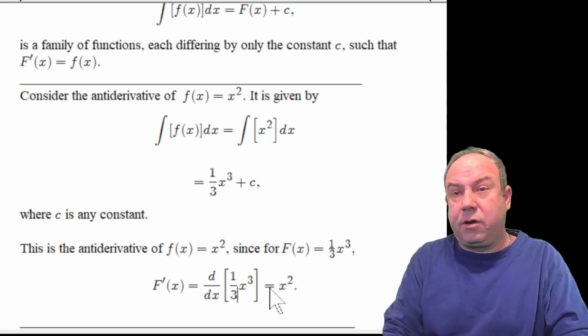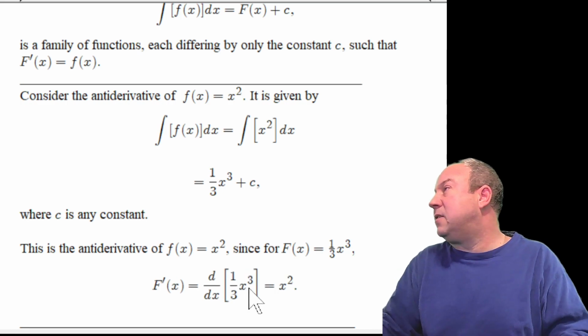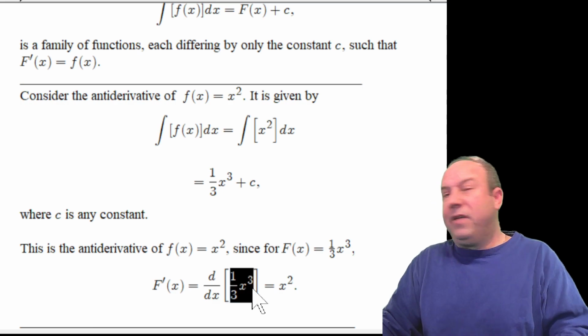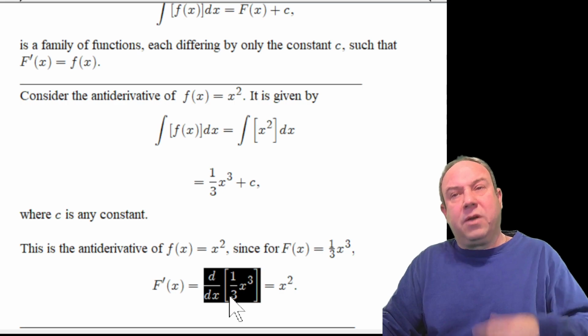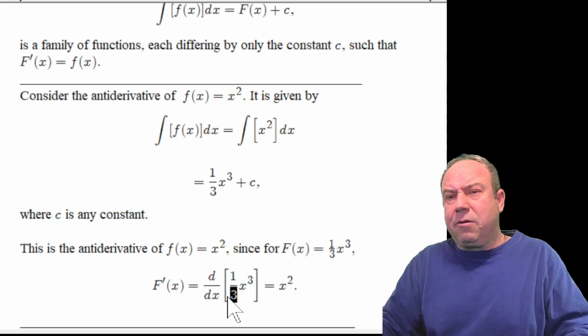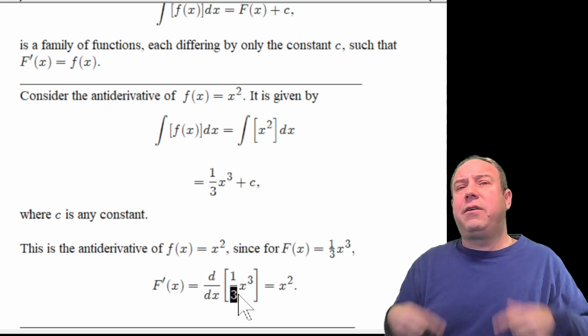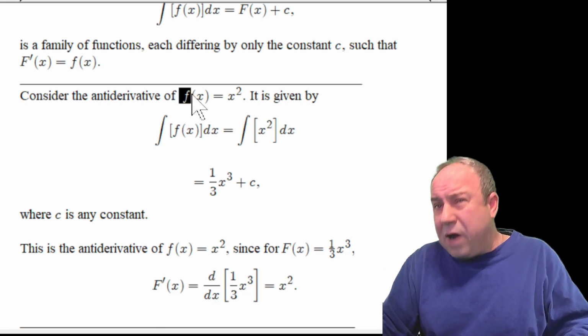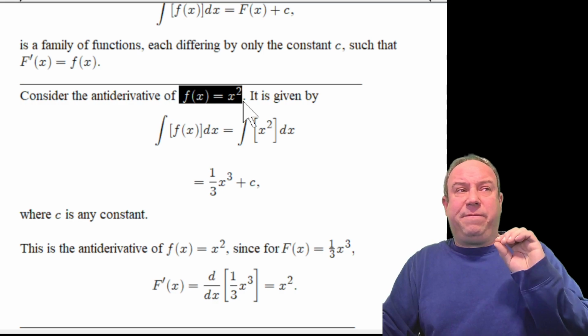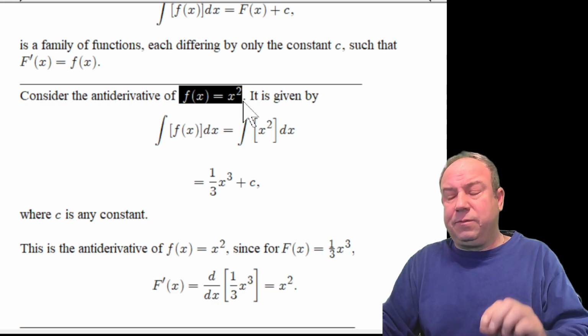But that 1/3 would have to work itself into the constant multiple of the cube function, x cubed, where we're applying the derivative operator. I can logically think out what the antiderivative would be in the case of this rather basic function, the square function.